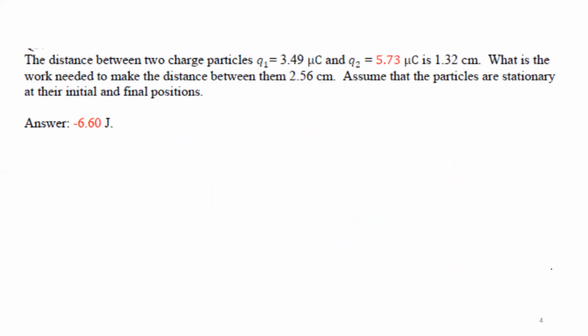So what do we have here? Let's read the question very carefully. The distance between two particles, Q1 and Q2, is 1.32 centimeters. So I have Q1 here. It has a charge 3.49 microcoulomb. And then I have charge Q2 here.